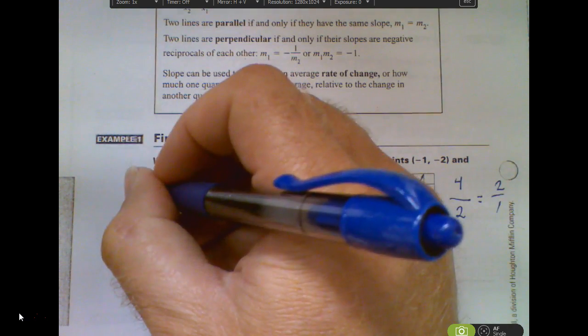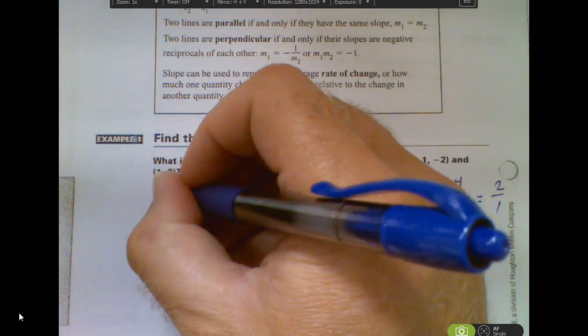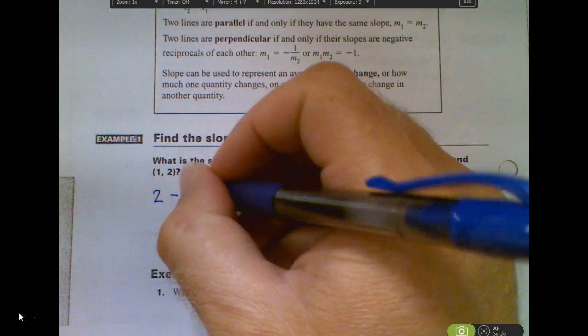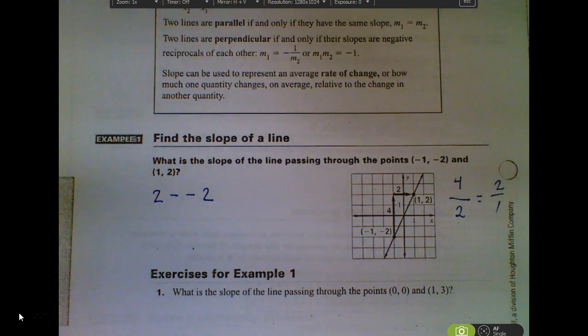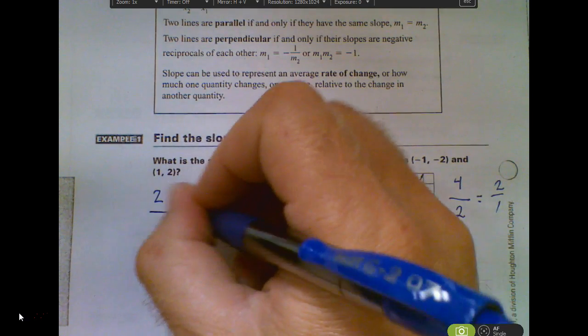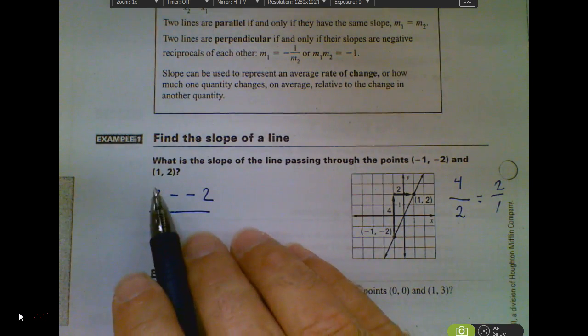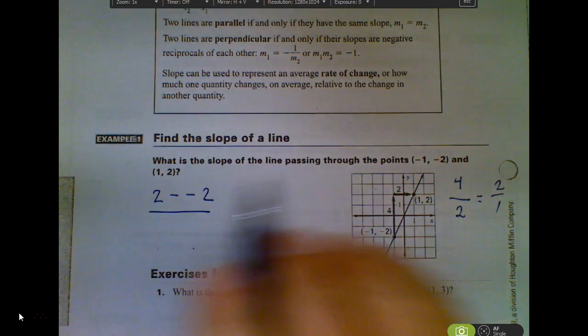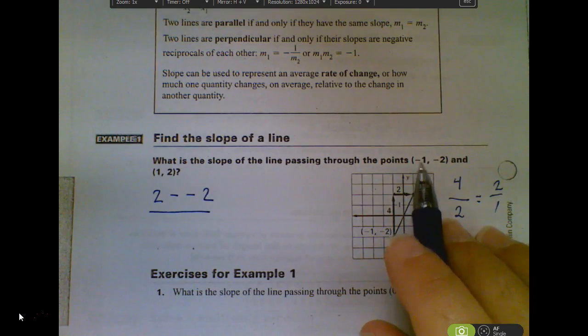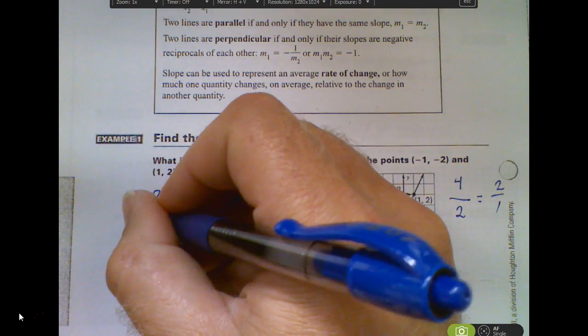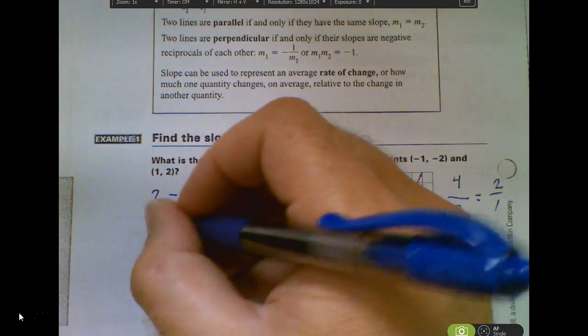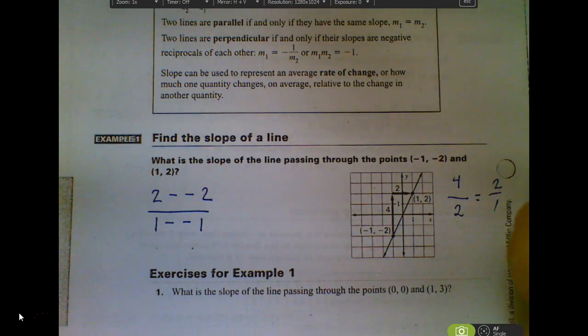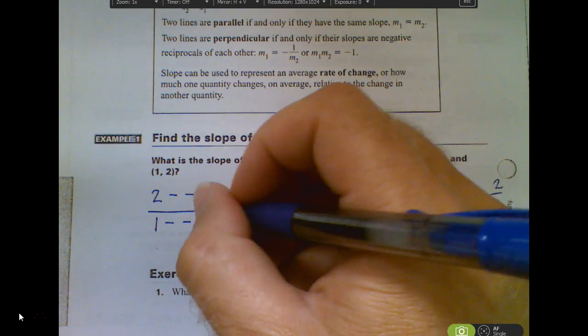So we're going to do my second y value minus the first y value. So y minus y over my second x, which is 1, minus my first x, which is negative 1. So I have x minus x. Right, and that would be the setup with the formula.